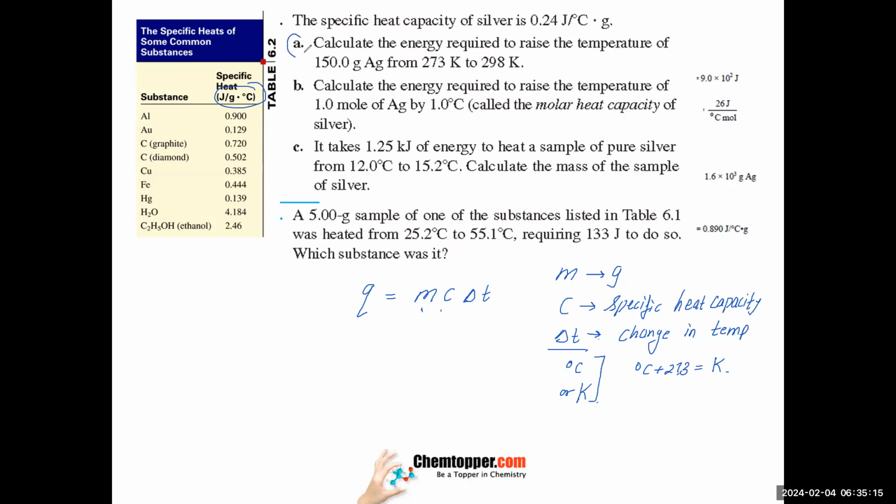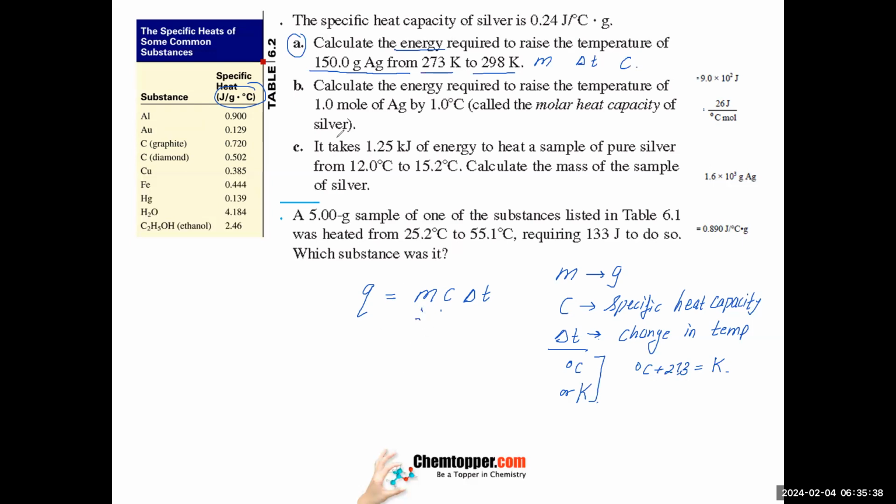First, calculate the energy required to raise the temperature of 150 grams of silver from this to this. So here the mass is given, delta T is given, c is given. So they're asking energy, so use this equation.